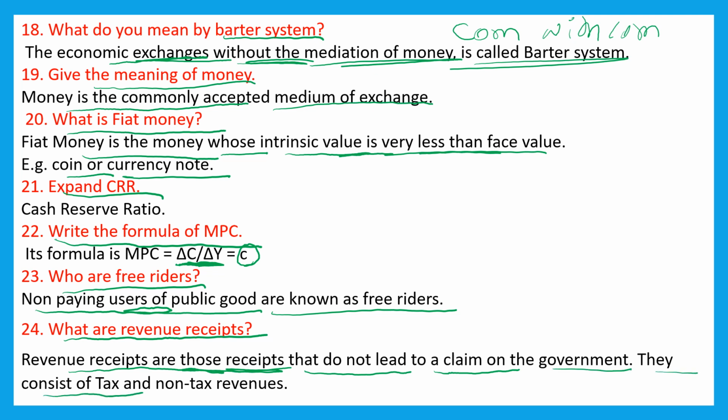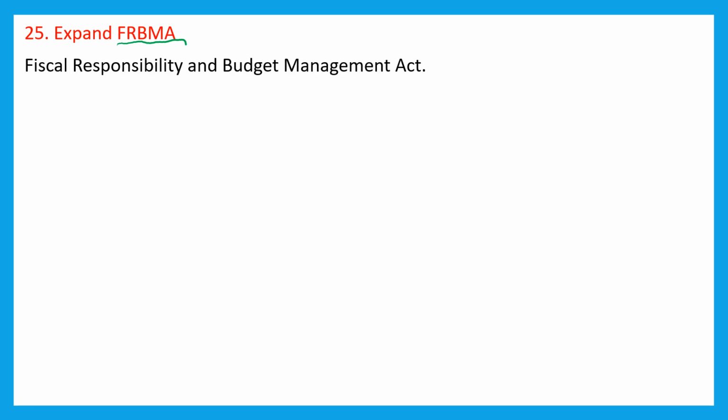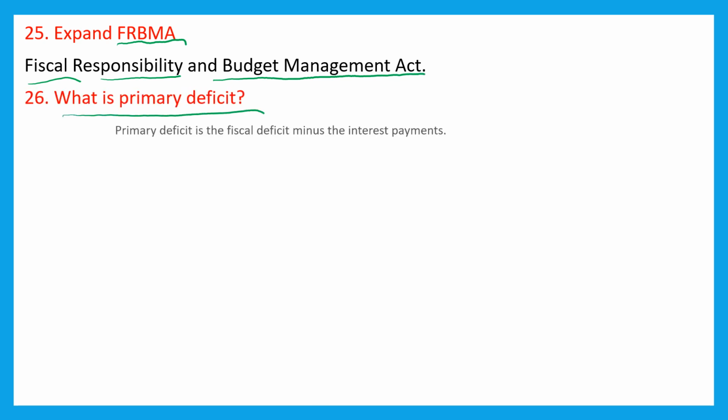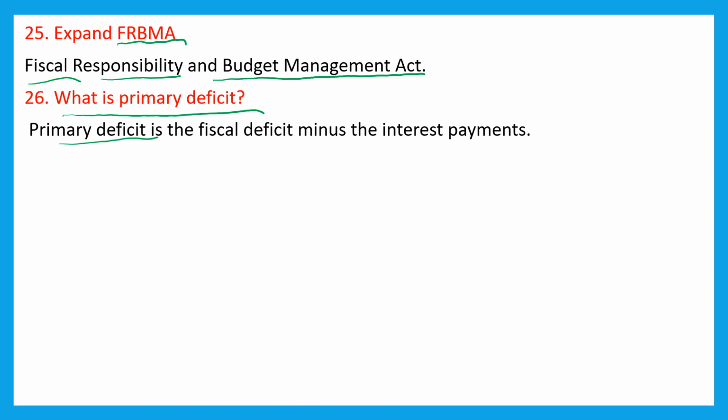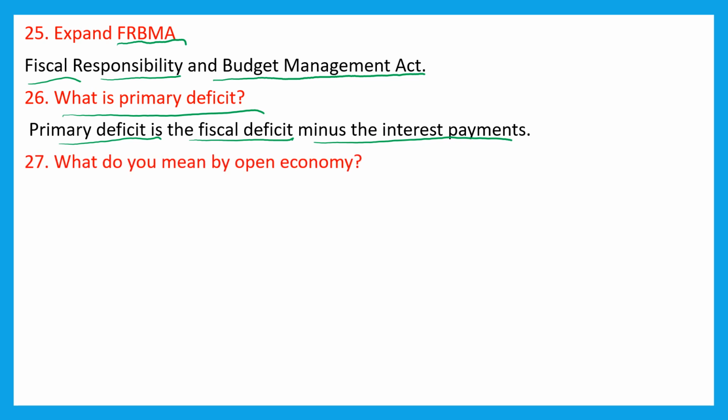They consist of tax and non-tax revenues. Expand FRBMA: Fiscal Responsibility and Budget Management Act. What is primary deficit? Primary deficit is fiscal deficit minus interest payments.